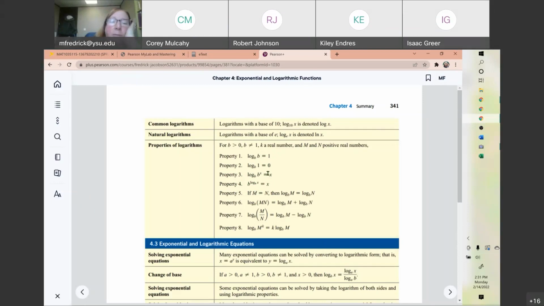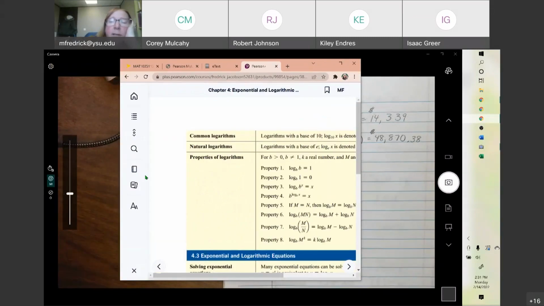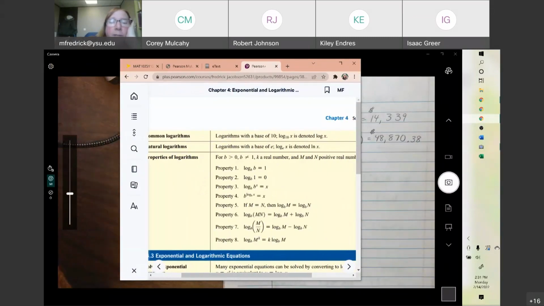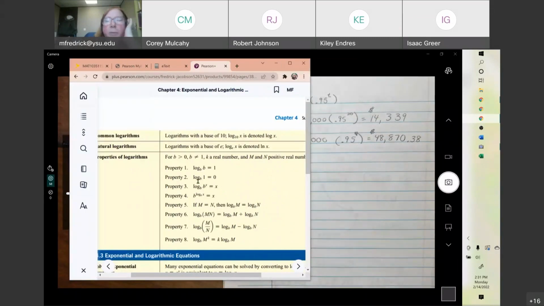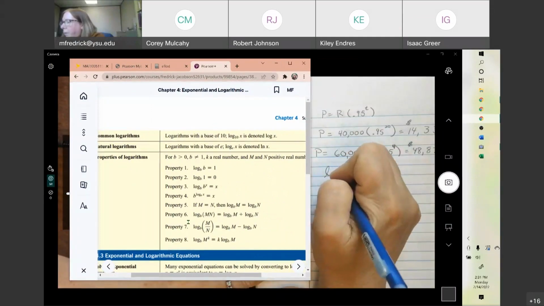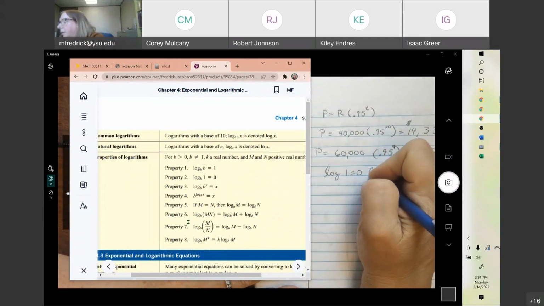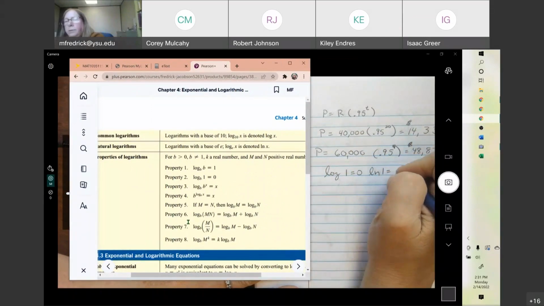The log of 1, let me strike this one, and the natural log of 1 are both 0. So this one here, property 2: the log of 1, no matter what the base is, is 0. The natural log of 1 is also 0.